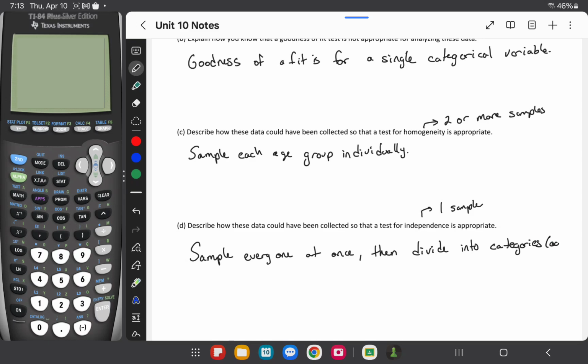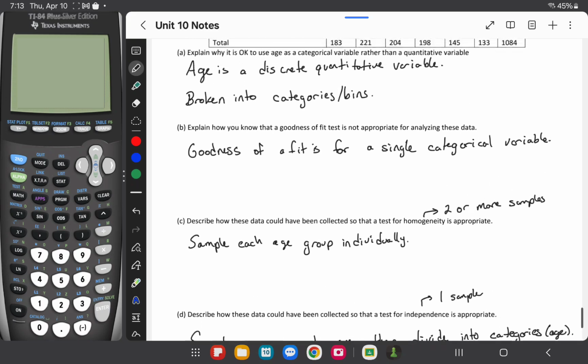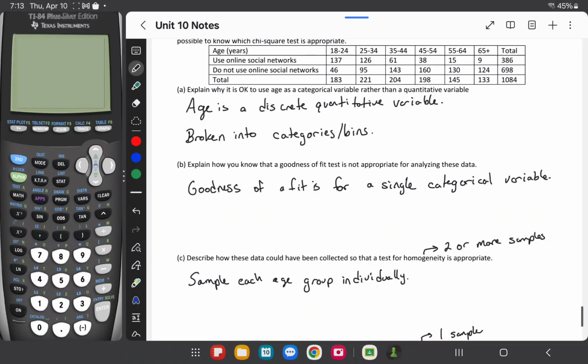And those categories that we'd be dividing into, obviously age would be the primary one, but also whether or not they use social media. In other words, you would just go out and take a random sample of 1,084, in this case, people. And then from those 1,084, you would just record how many fell into each of the age categories, as well as how many fell into the online social network categories.